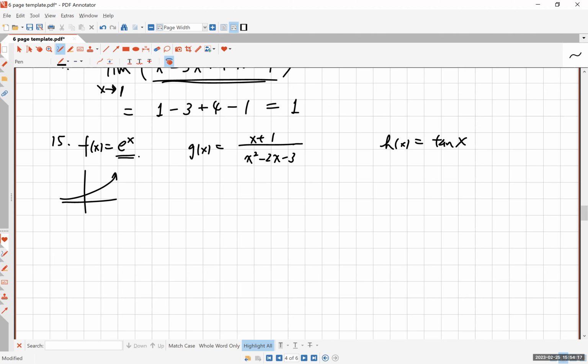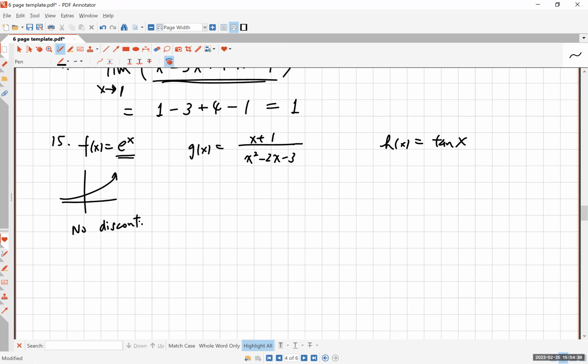Just keep that in mind. It's continuous everywhere, so there is absolutely no discontinuity, okay? If the function is continuous, then there's no discontinuity, because discontinuity by definition is where the function is not continuous. All right, so nothing else to say here.